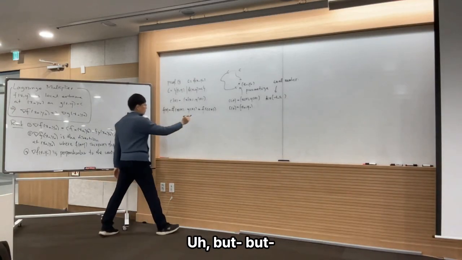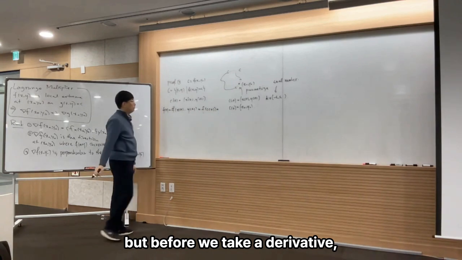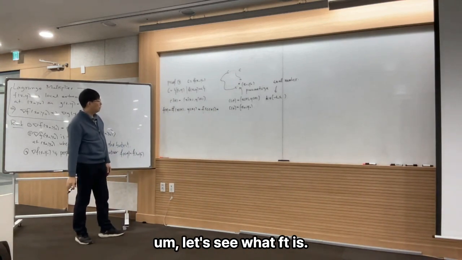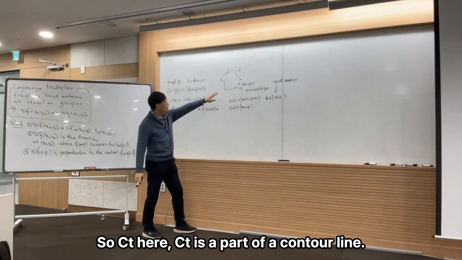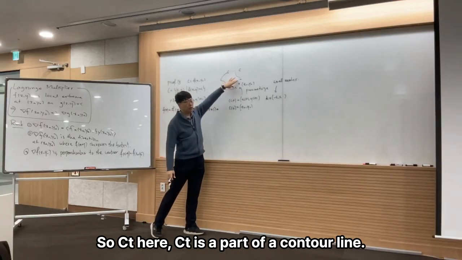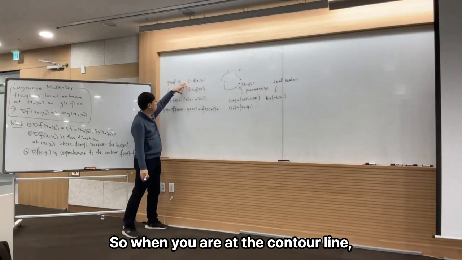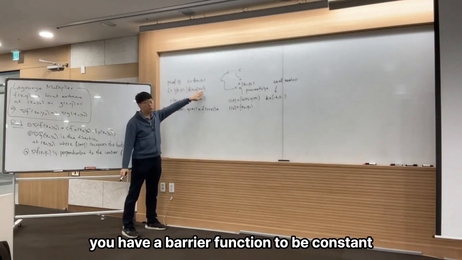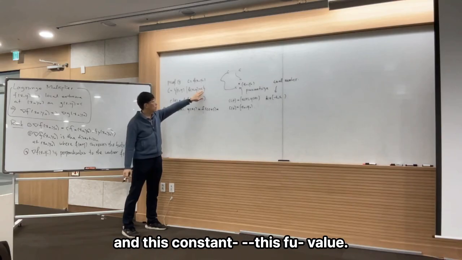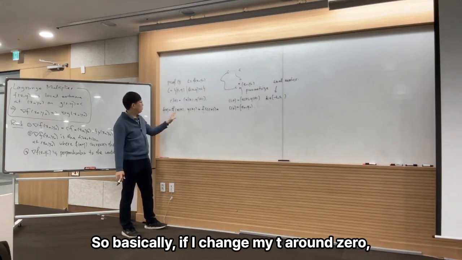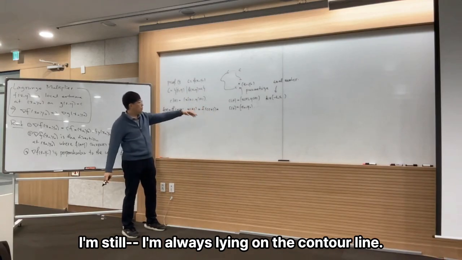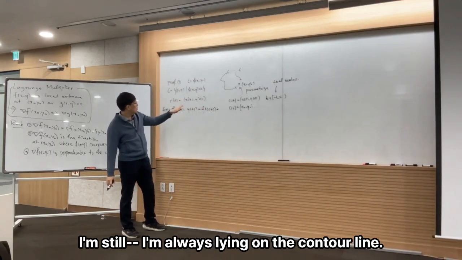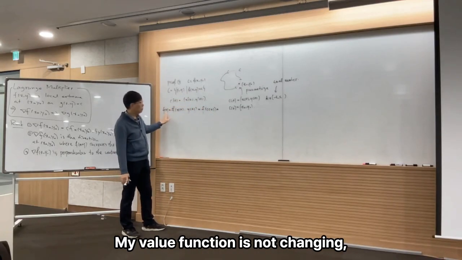Before we take a derivative, let's see what f(t) is. c(t) is a part of a contour line, and when you are on the contour line, the function value is constant. So if I change t around 0, I'm always lying on the contour line and the function value is not changing.